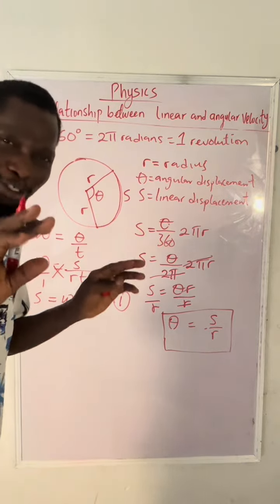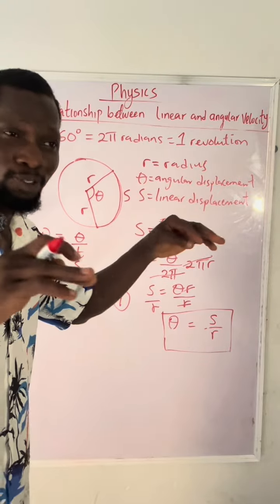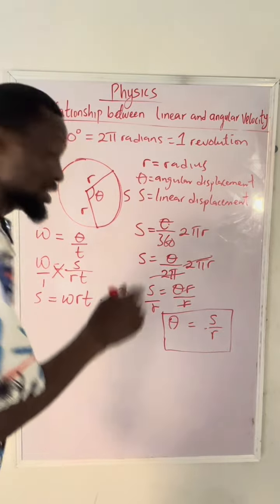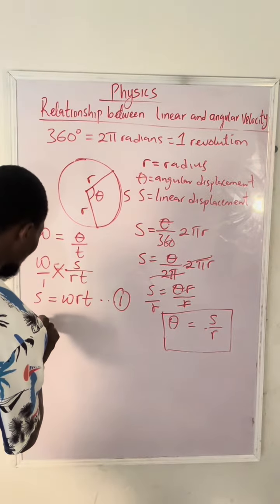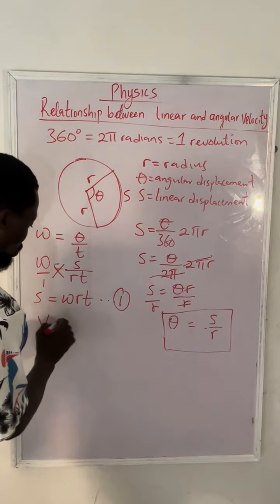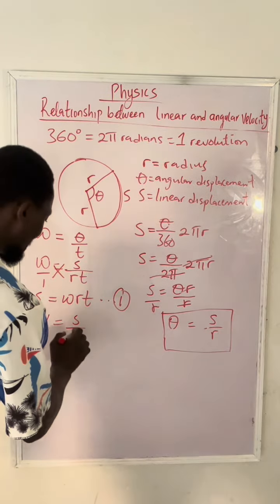Now, everybody should know this also, because it is something we've learned, one of the things you first know once you start physics: we have linear velocity. So linear velocity V equals linear displacement over time, right?